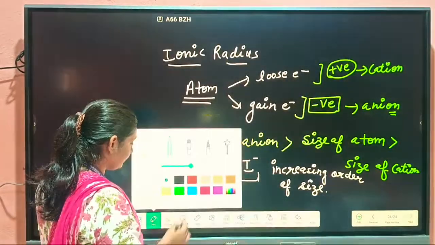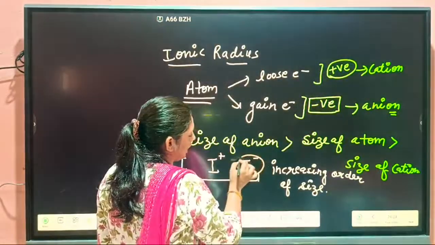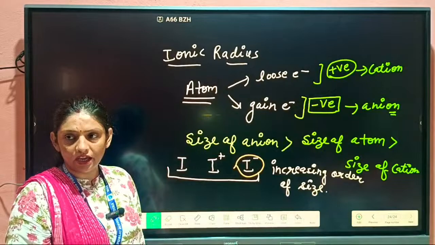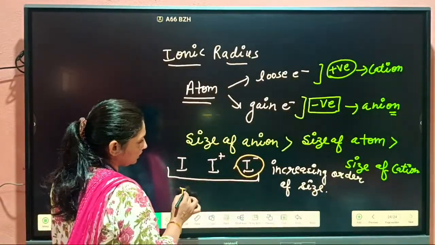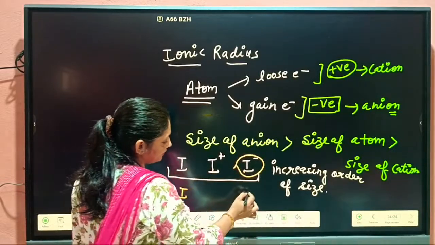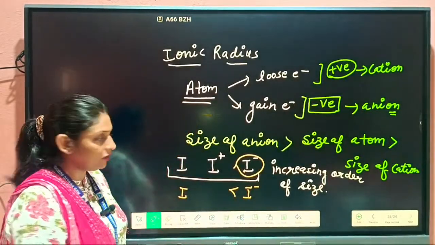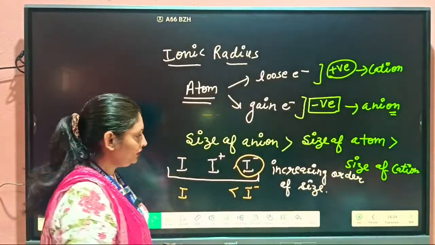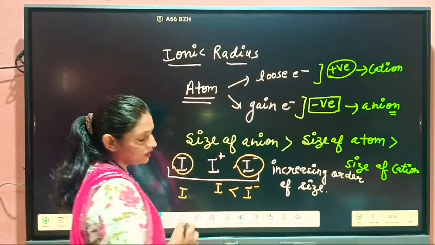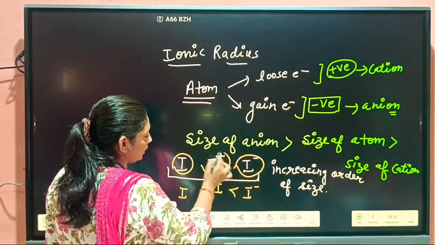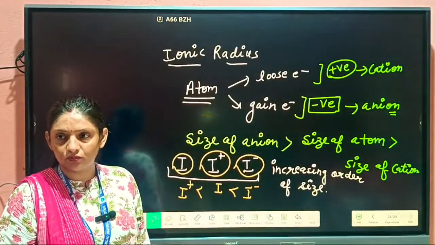Here you can see this iodine is in an ionic form, so the size of this will be greatest among these three. Then the size of the atom, iodine, and then the size of the cation, I+, will be the smallest.